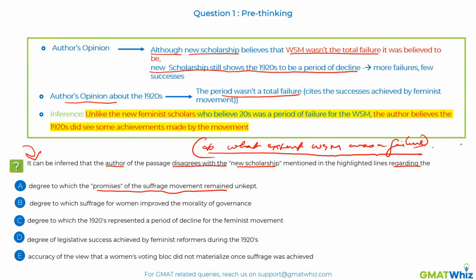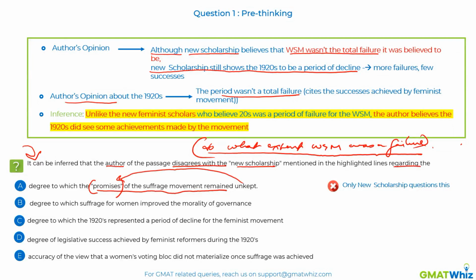But what the author says is something was achieved. So the degree of achievement, but not the degree of what the promises weren't kept. It is about the degree of what, to what extent the women's suffrage movement was a failure. All right. Not just about the promises unkept. So this is too narrow, the first option, and therefore it is incorrect.